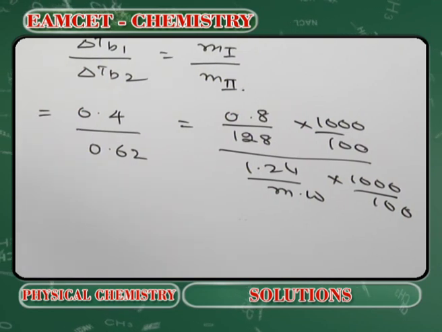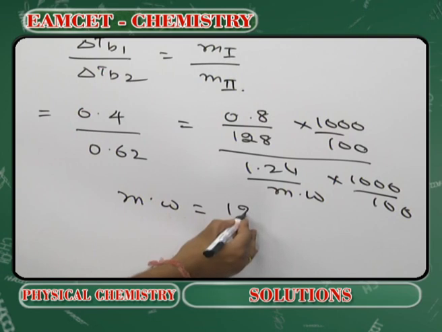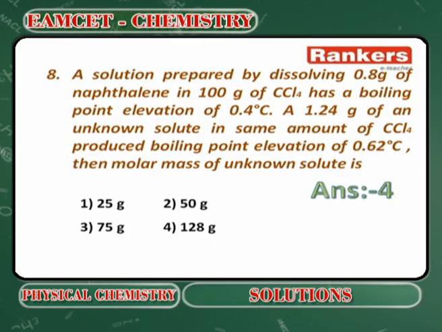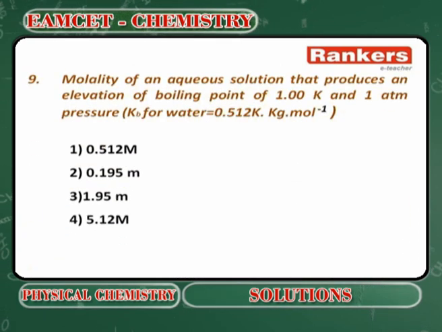Solving, the molecular weight of the second solute is also 128, because elevation in the boiling point is proportional to the molality of the solution.